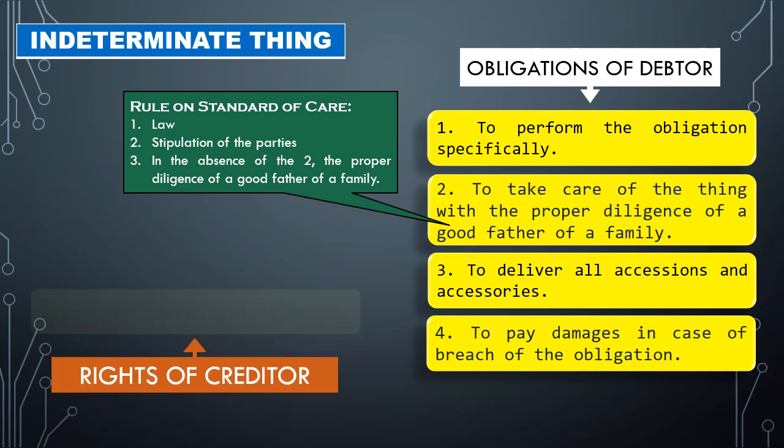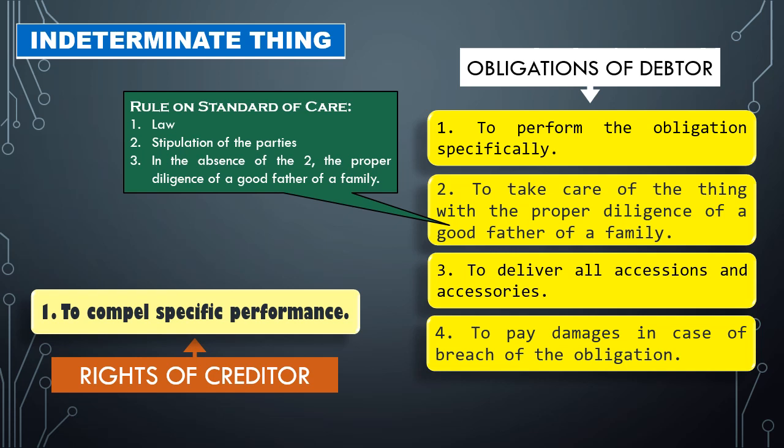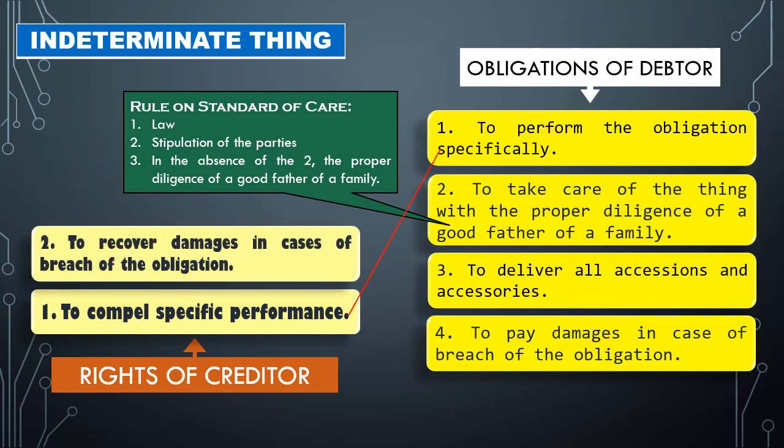How about the rights of the creditor? He has the right to compel specific performance and to recover damages in cases of breach of the obligation. Take note that as regards damages, it does not apply if the reason alone is fortuitous event.